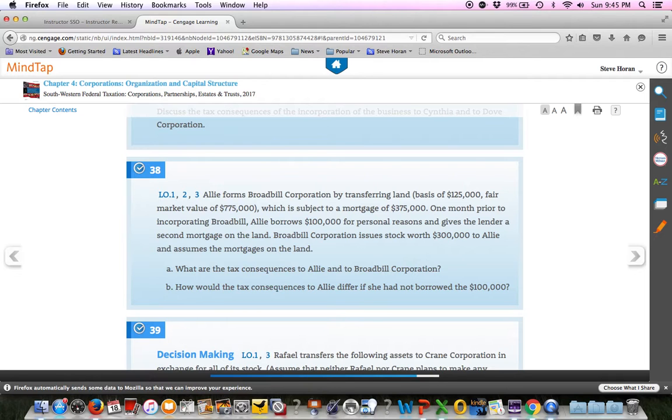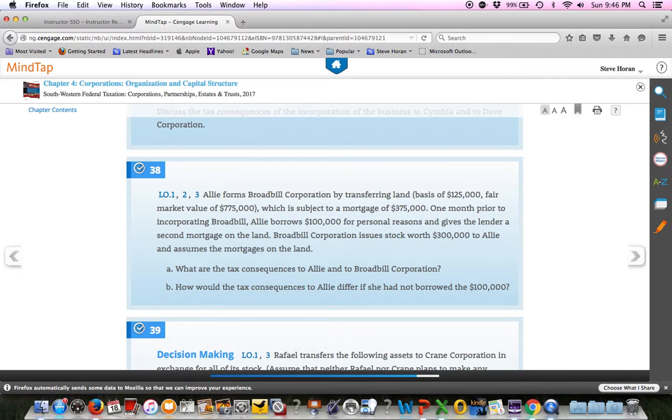This generates taxable gain of $475,000, the amount of the boot. Her realized gain is $650,000: $300,000, the value of the stock received, plus the liabilities of $475,000, for a total of $775,000, minus the $125,000 basis in the land. The realized gain is taxed to the extent of the boot received, or $475,000.